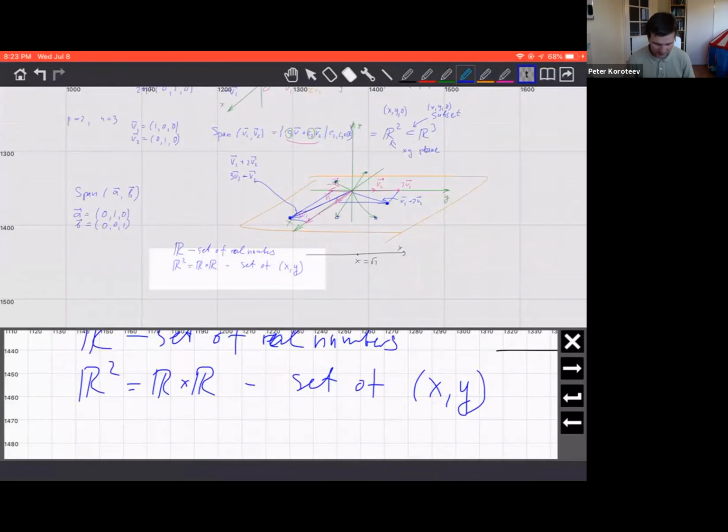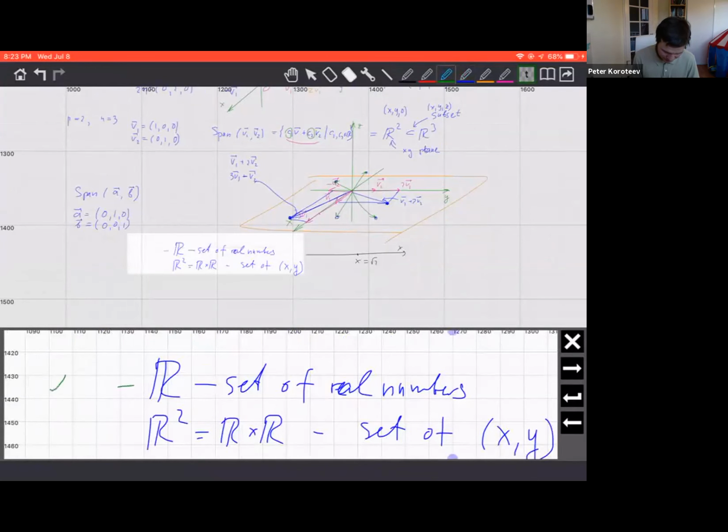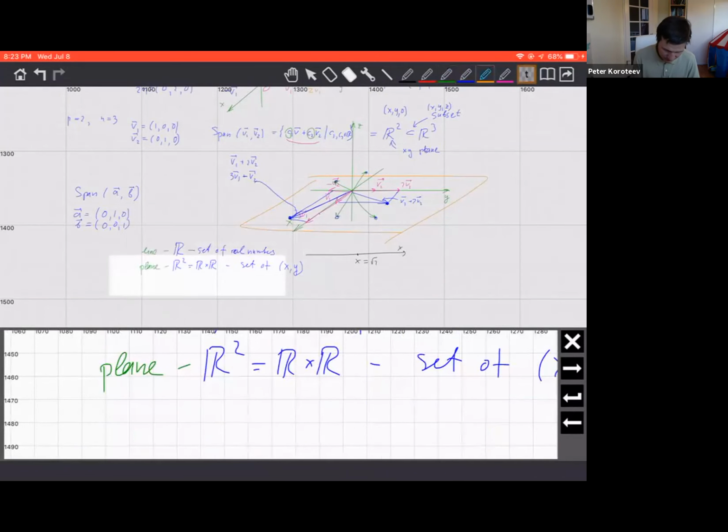Yeah. So that's why we identify R2. So we say that R is a line. R2 is a plane, right? And then R3 is the three-dimensional space. So R3 is R times R times R, right?